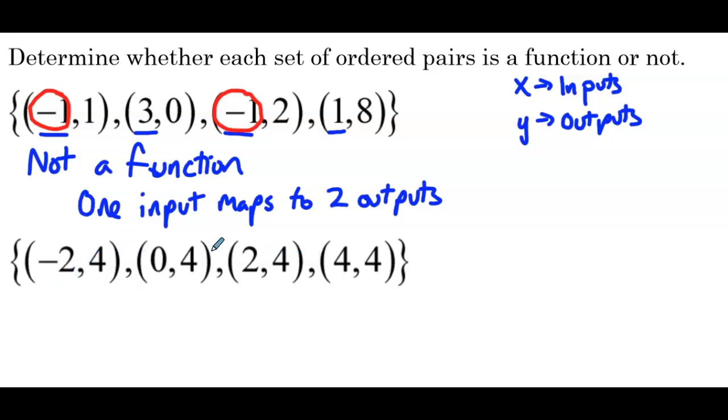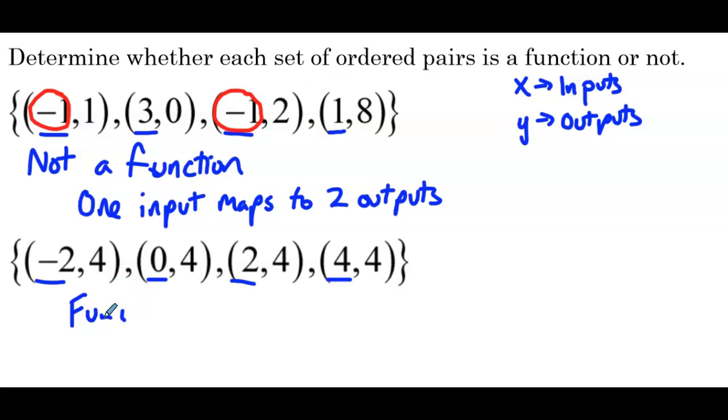In our next example, -2 is the input, output is 4. 0 is the input, output is 4. 2 is the input, output is 4. 4 is the input, output is 4. So again, let's underline just the inputs so we're focused only on that. So we have no repetition of the inputs. So that means that we do have a function.